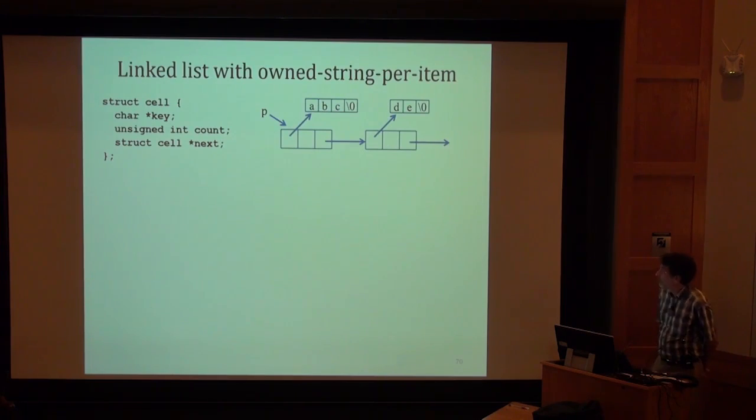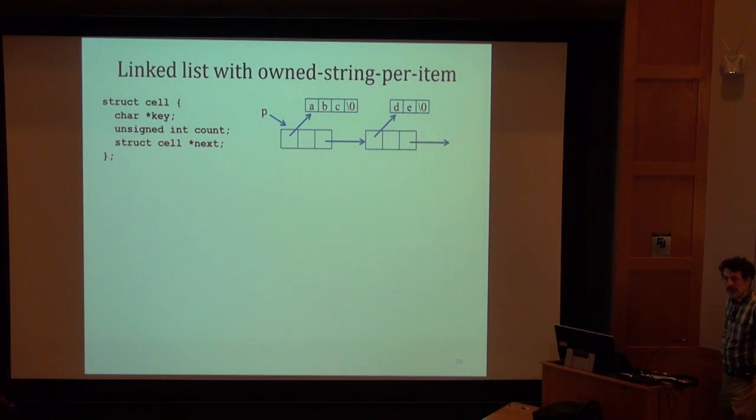Here's another data structure. It's a linked list of strings in C. So a string in C is an array of characters of arbitrary length terminated by a null character.